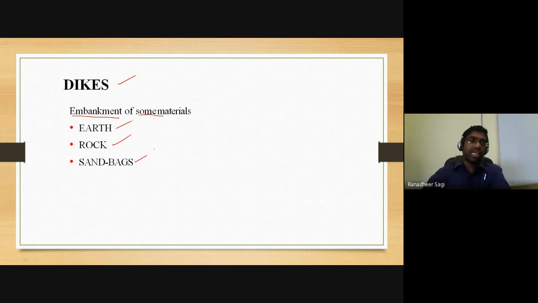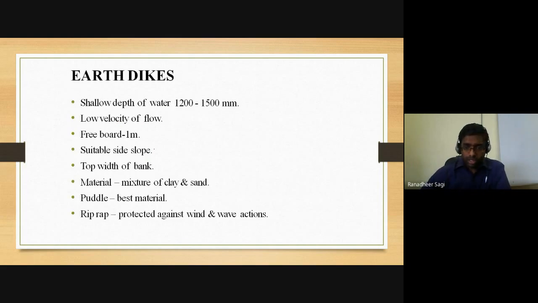You will say, okay, this acts like a barrier, and that barrier is what I am going to call your embankment. So for earth dikes, in which particular type do we go for earth dikes, what is the depth of water which can be taken care of by constructing your earth dikes, and so on.